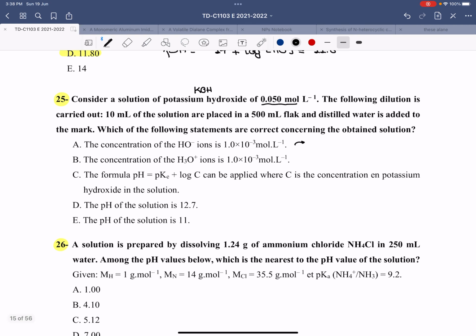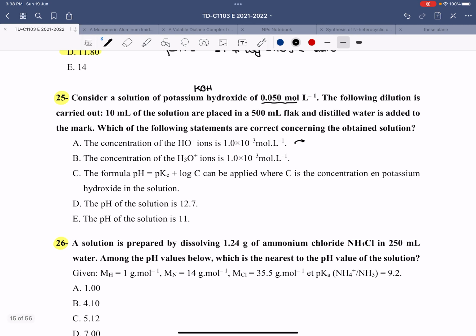You either multiply by the dilution factor or follow the old method, which is basically 0.05 times 10 is equal to the new concentration of HO minus times 500, where milliliter will cancel milliliter. And this is basically 0.05 times 10 divided by 500, which is 1 times 10 to the negative 3.